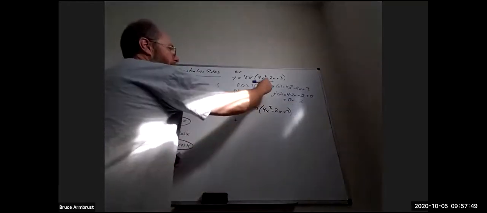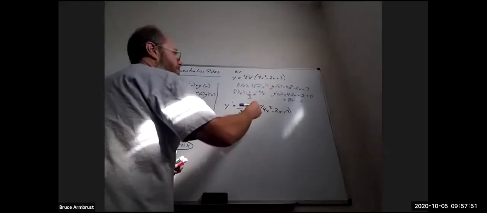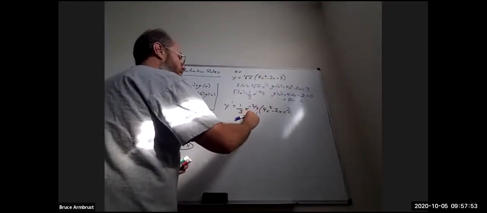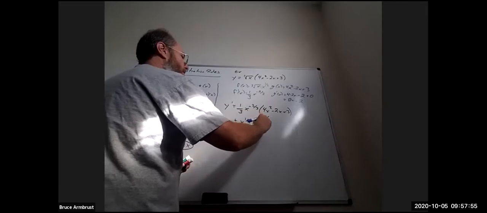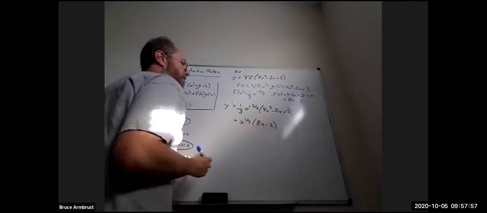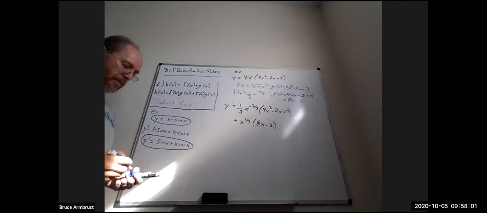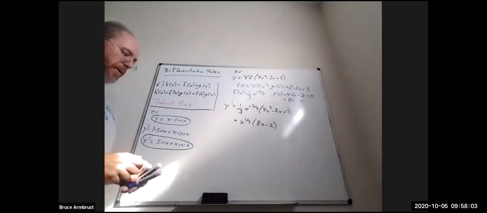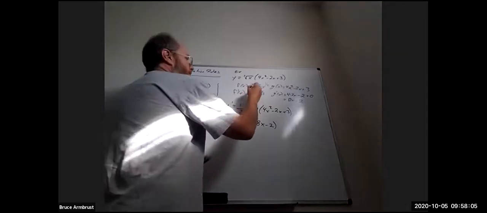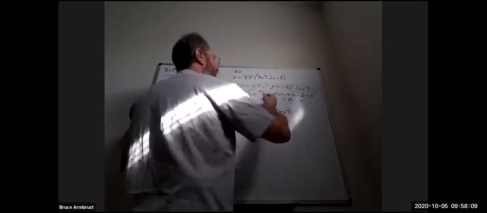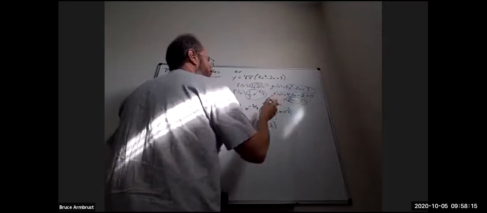But I'm going to add to that f times g prime. So x to the 1/3 times 8x minus 2. So just like before, I took f prime times g, and then I took f times g prime.